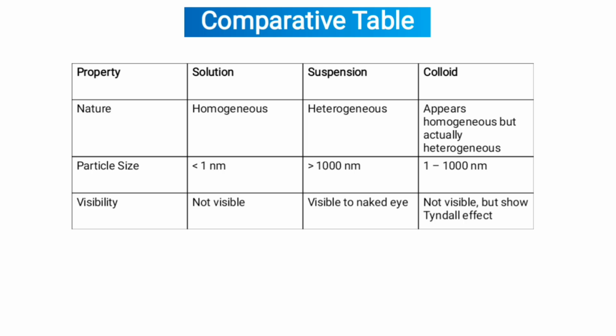Particle size of solution is less than 1 nanometer, particle size of suspension is greater than 1000 nanometers, and particle size of colloids is 1 to 1000 nanometers. Visibility: solution not visible, suspension visible to the naked eye, colloids not visible but show Tyndall effect.